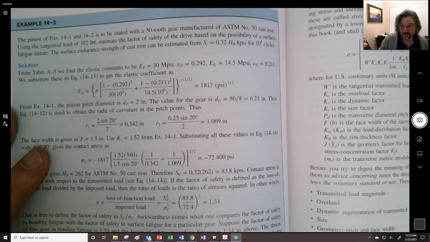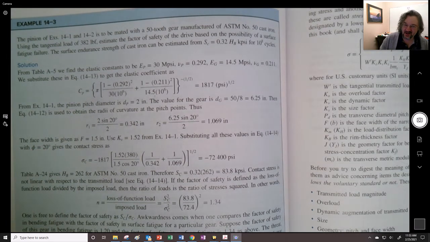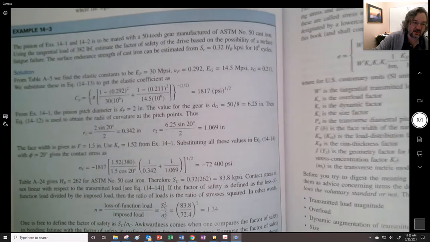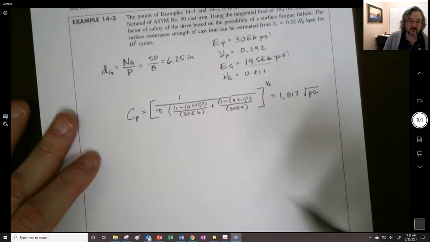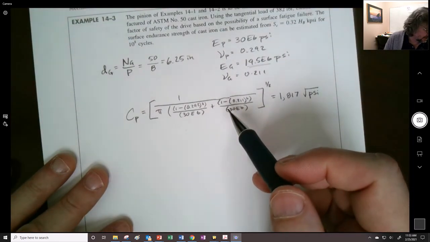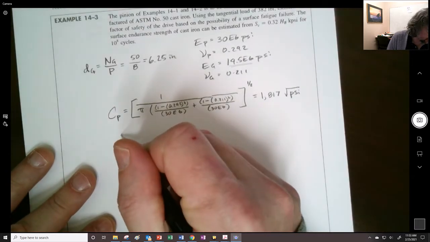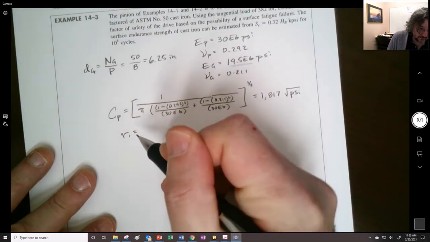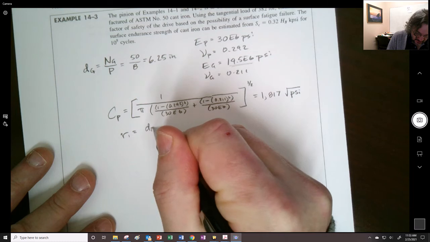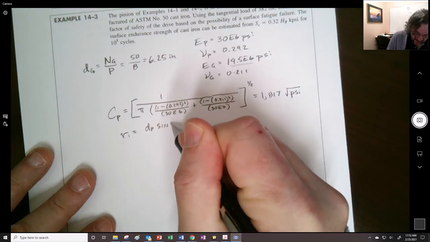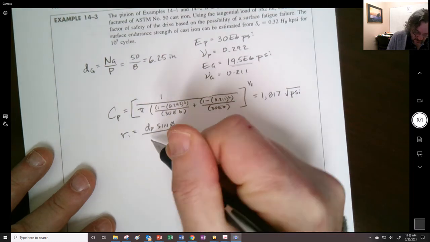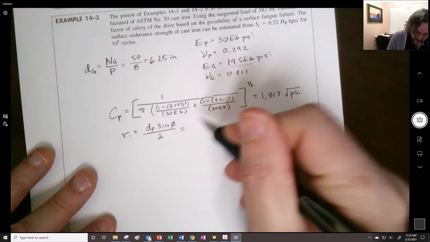There are things that are contradicting it, so just be aware. And then another thing that we're going to need as part of this is to take the pitch diameter and find the curvature, right? So we want R1 to be dP times the sine of the pressure angle, divided by 2.